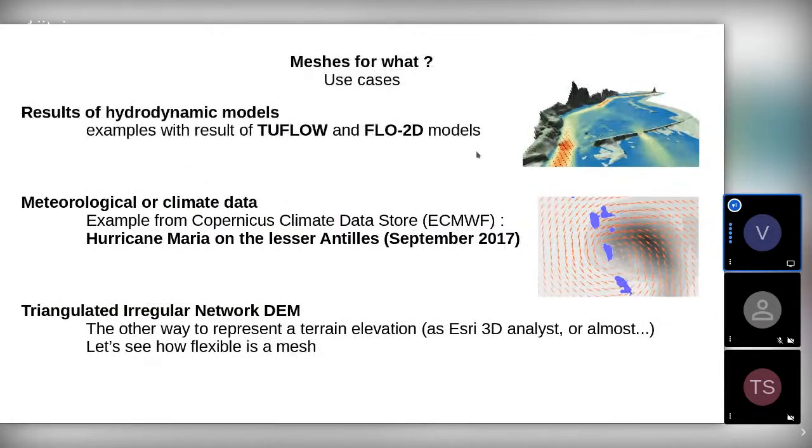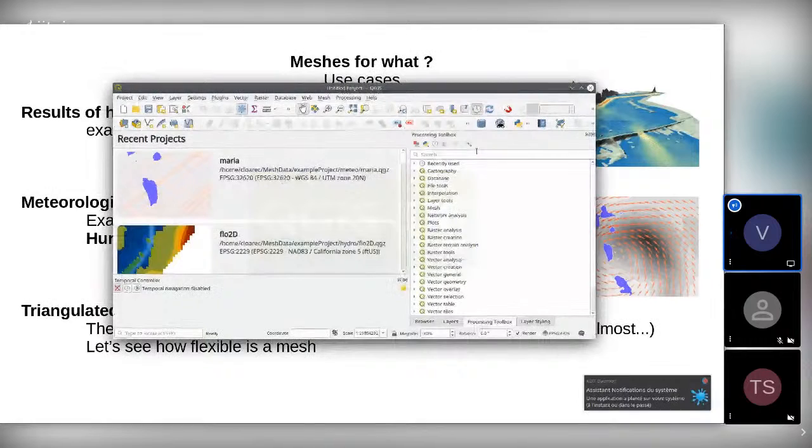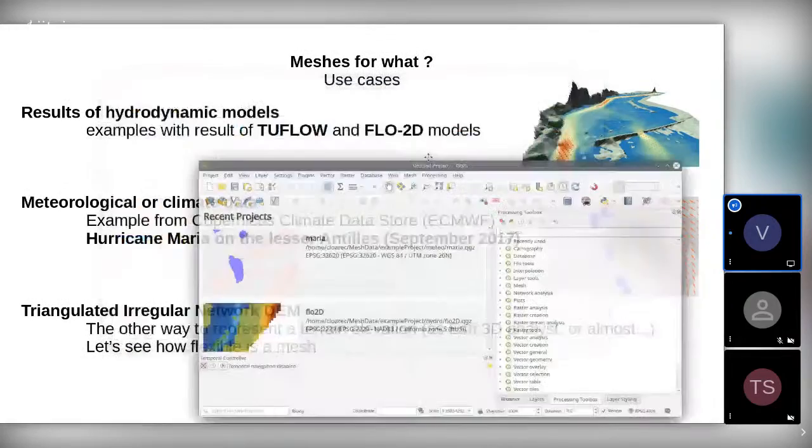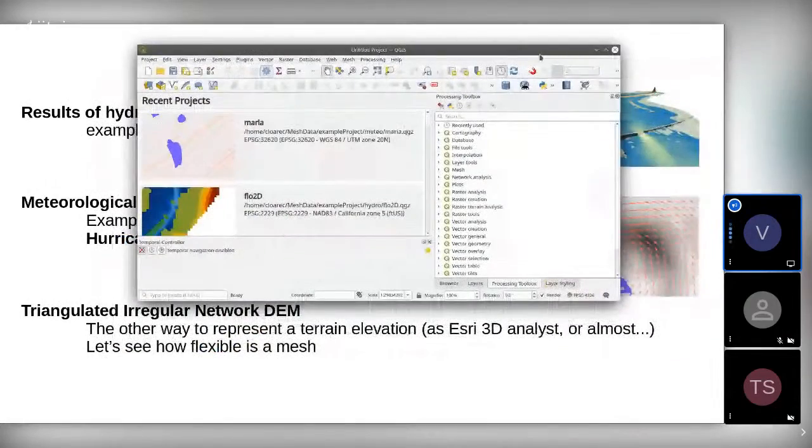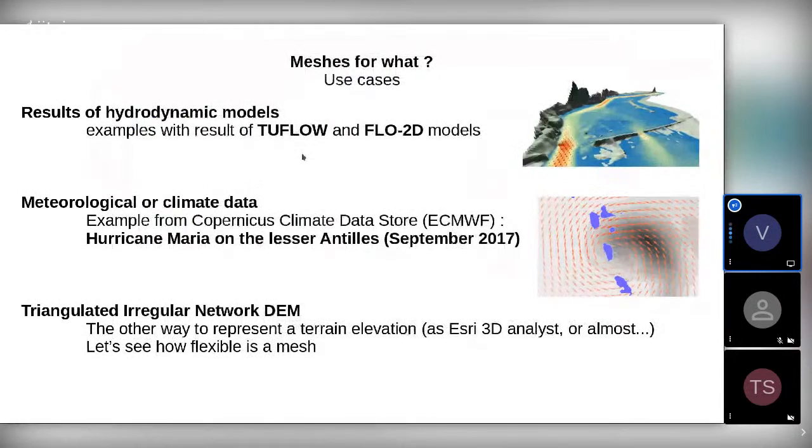We have seen some meteorological data. What I can show you now is another way to use meshes. Use meshes for triangulated irregular networks. It's another way to represent terrain elevation.